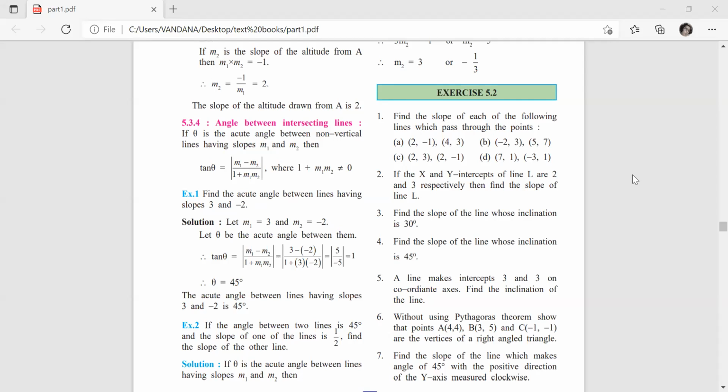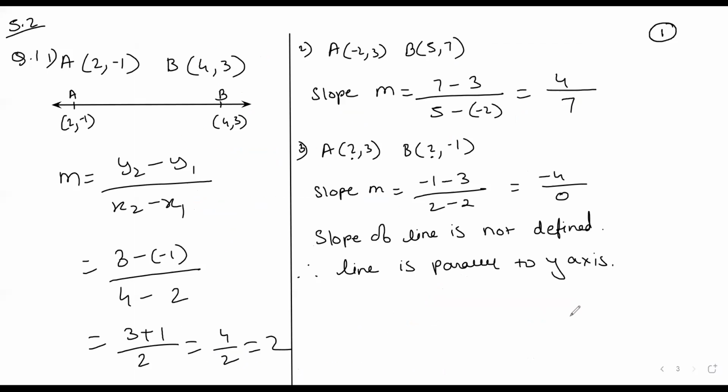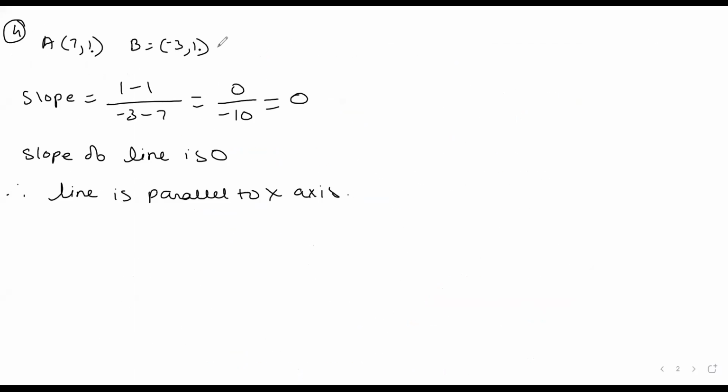If x and y intercept of line L are 2 and 3 respectively, then find the slope of line L. This is question number 2.